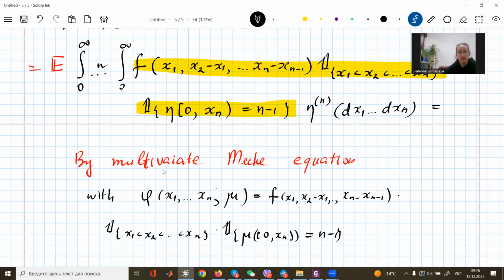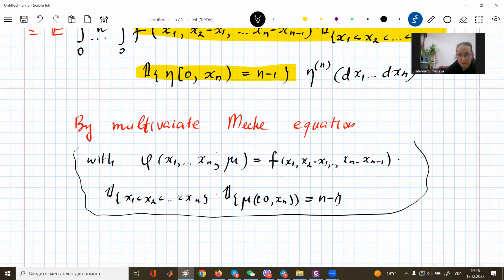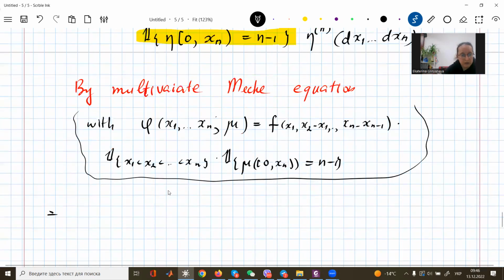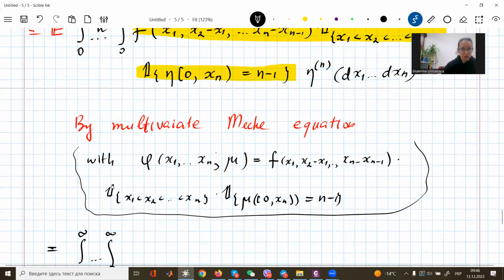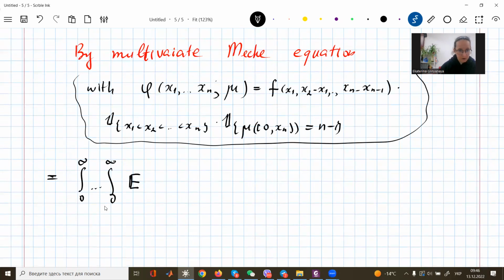So this is my function phi. And continue here. What does the Mecke equation say? That we just write the integrals, and here we put the expectation inside the integral, but now let me write first in terms of the function phi.